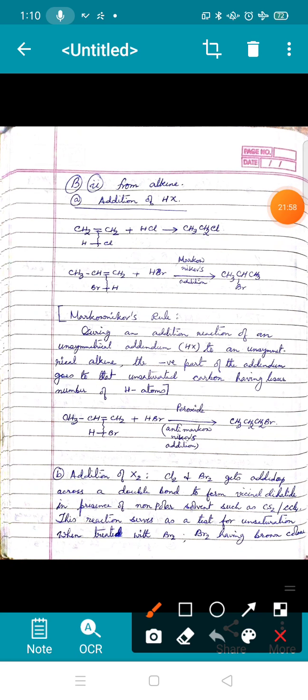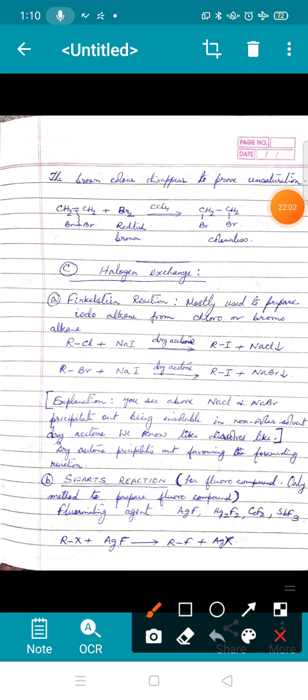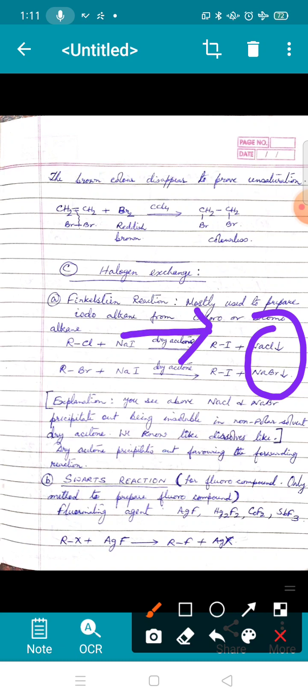So here the moment sodium chloride and sodium bromide are precipitating out, they do not take part in the reaction anymore. So it is assumed that we are removing the product formed from the reaction mixture, which facilitates the forward reaction. So more and more reactants will react to give you the product. As a result, you will end up with a good yield.